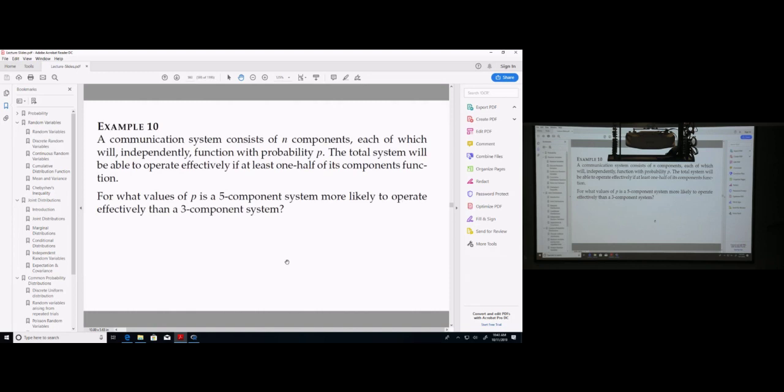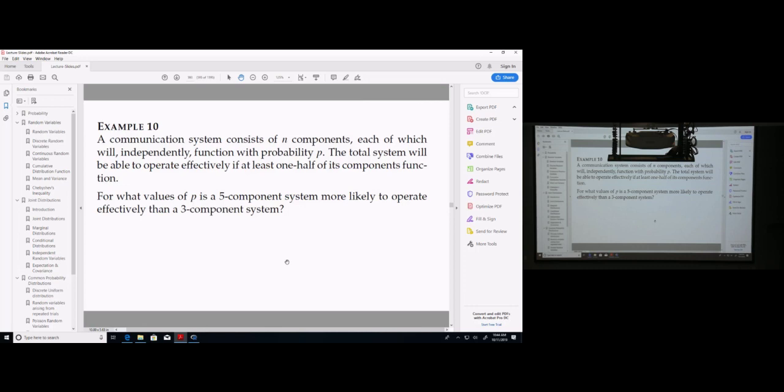Now, a communication system consists of n components, each of which independently functions with probability p. The total system will be able to operate effectively if at least 1/2 of its components function. For what values of p is a 5-component system more likely to operate effectively than a 3-component system?